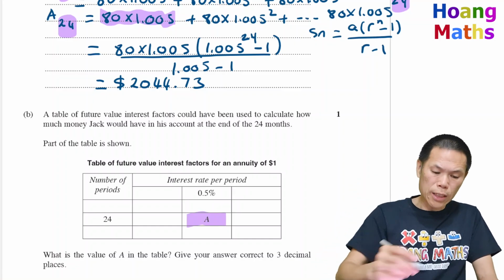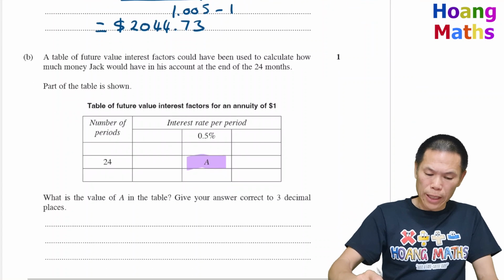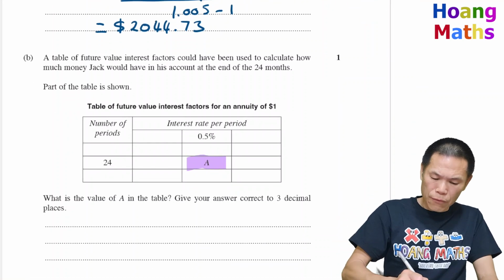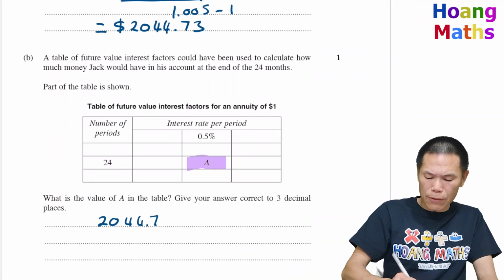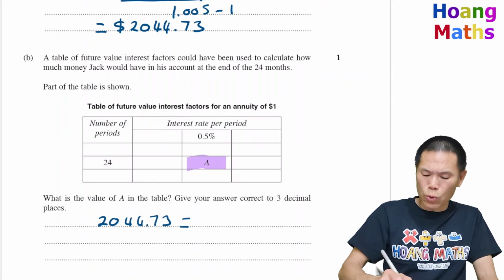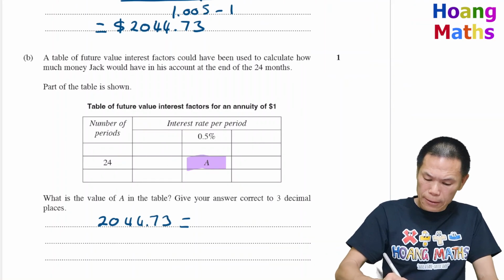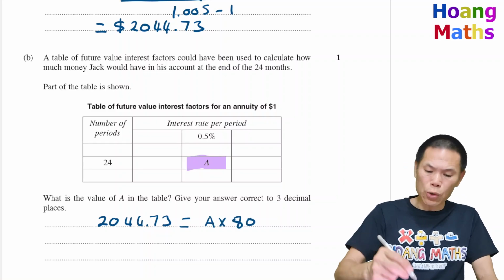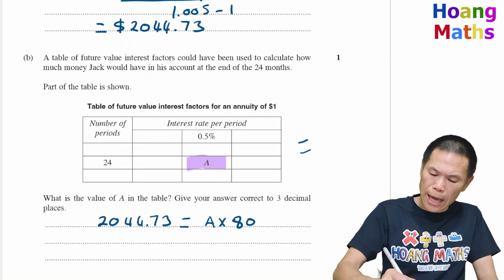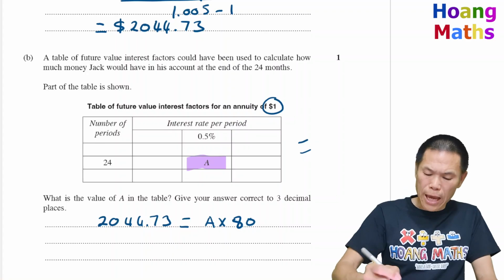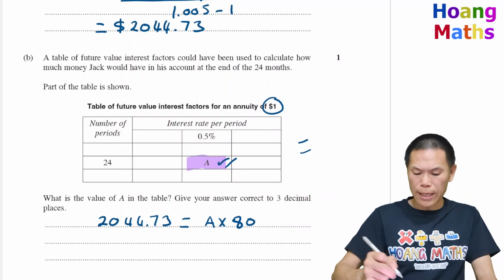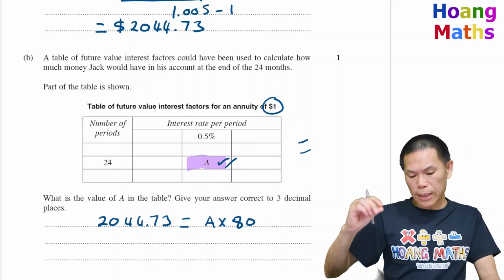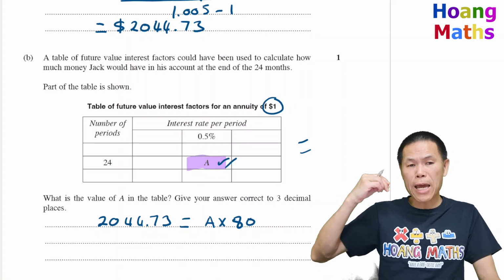So in other words, we just go like this. The future value, that is 2044.73, is equal to A times 80. Okay, because this table here is the annuity of $1. Because an annuity of $1 will give us A. So now the annuity is 80. So we just times by 80.